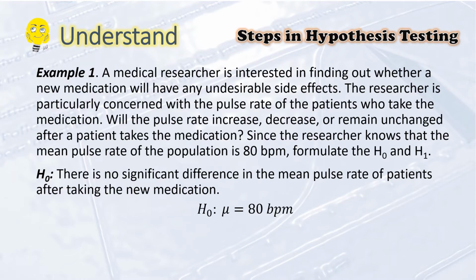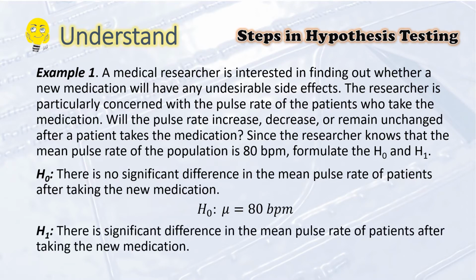On the other hand, the alternative hypothesis may be stated as there is significant difference in the mean pulse rate of patients after taking the new medication. In symbols, we write this as H sub 1, mu is not equal to 80 beats per minute.